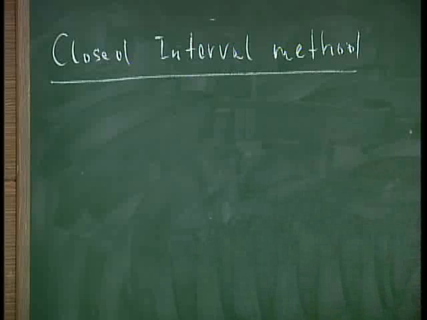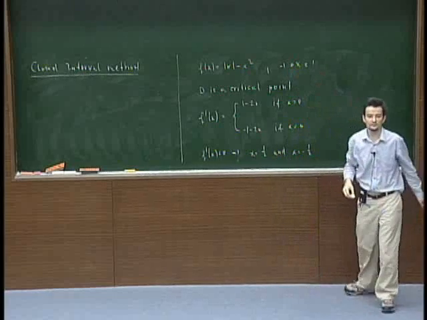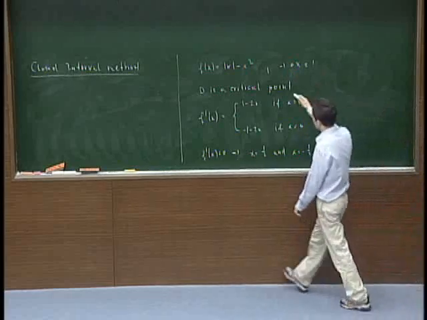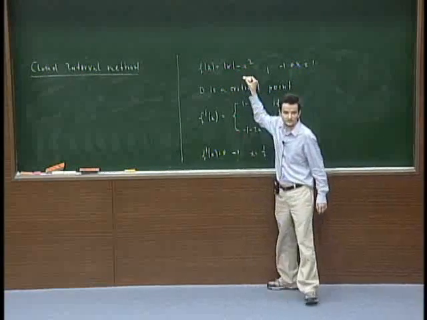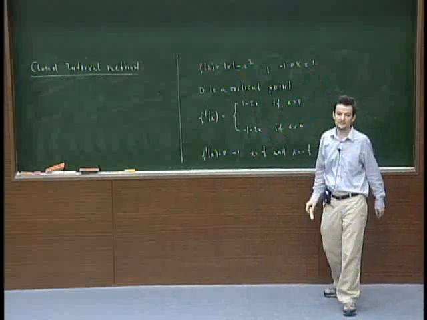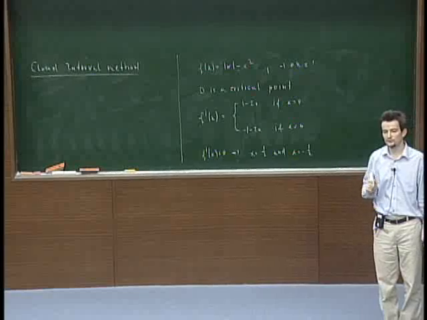So for instance, we consider this function on the closed interval from -1 to 1, and because this function is continuous on this interval, we know that there must be an absolute maximum and absolute minimum by the extreme value theorem.